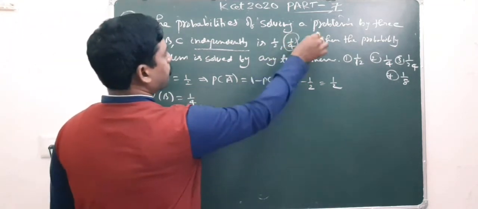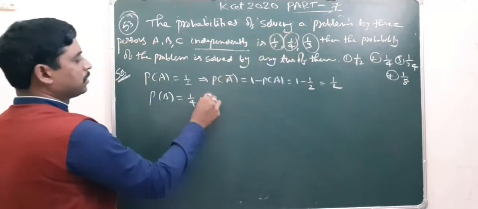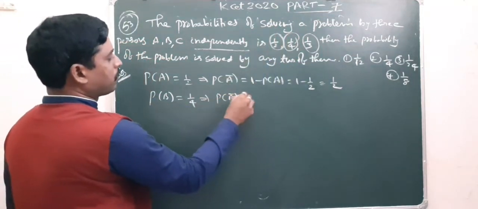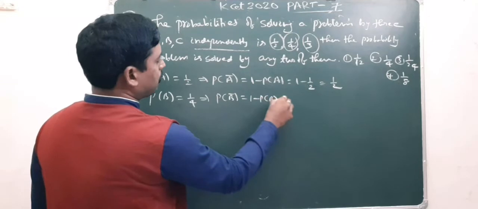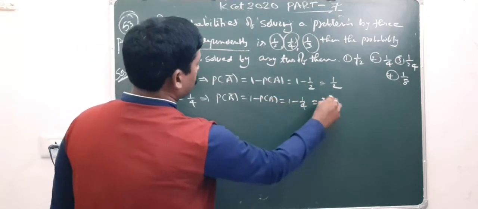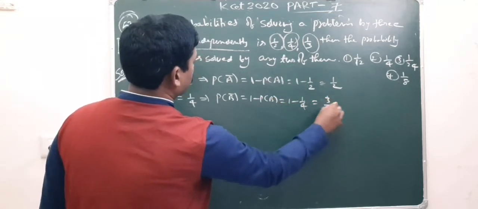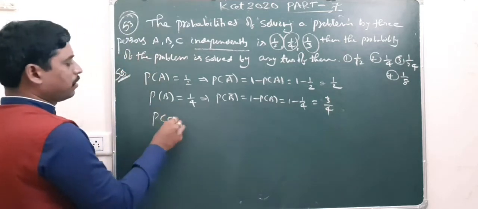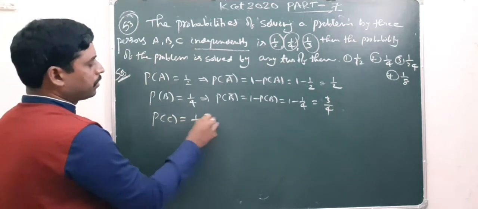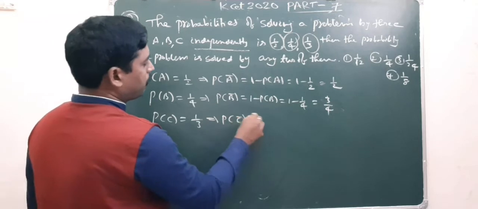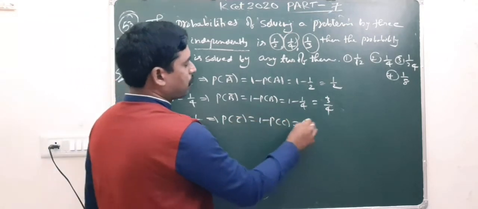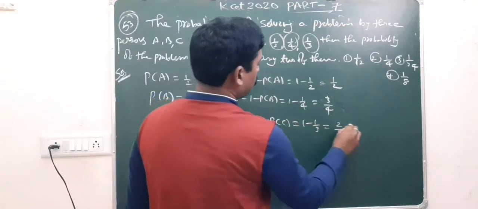This is P of B bar equal to 1 minus P of B is equal to 1 minus 1 by 4 is equal to 3 by 4. Next, P of C given 1 by 3. P of C bar is equal to 1 minus P of C. 1 minus 1 by 3 is equal to 2 by 3.